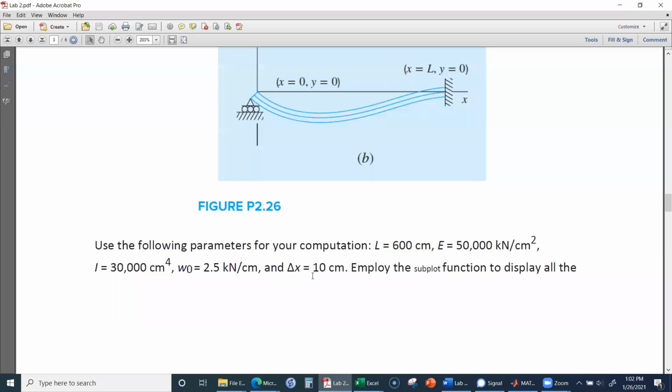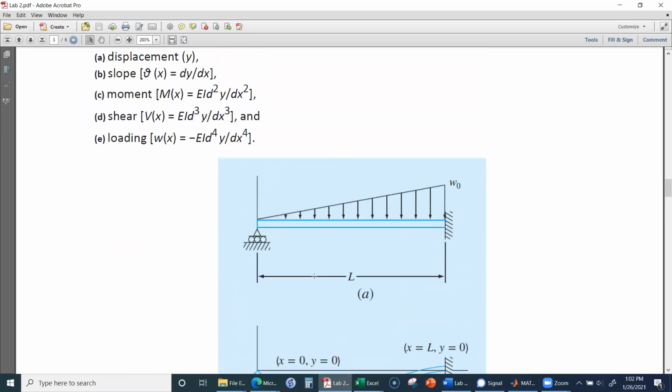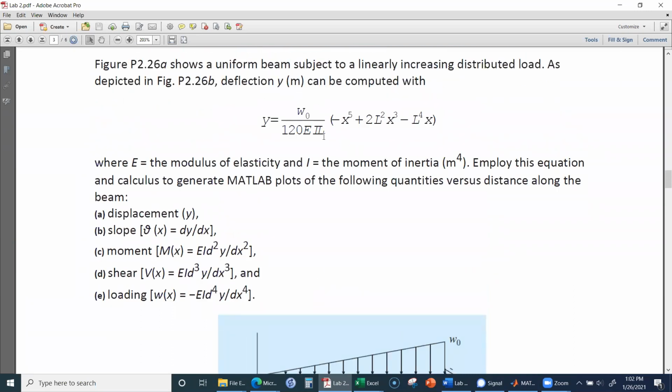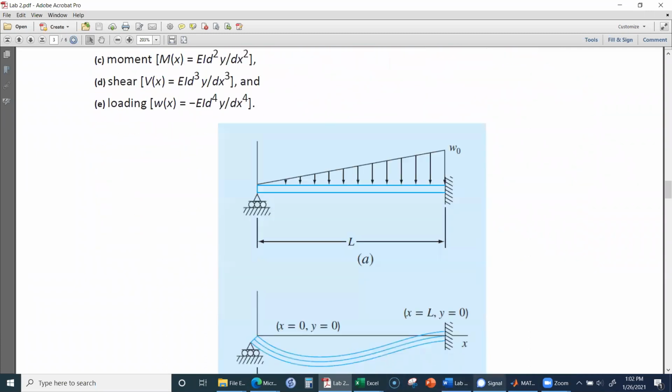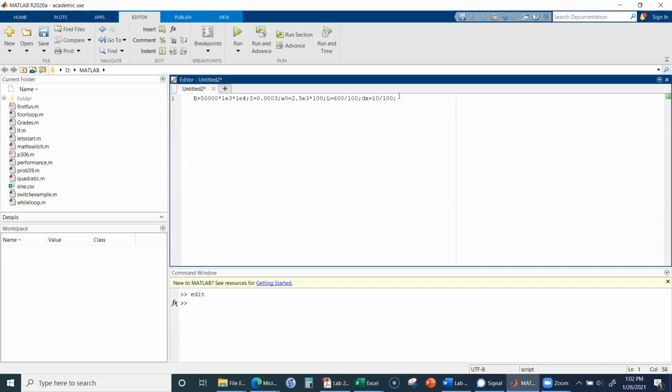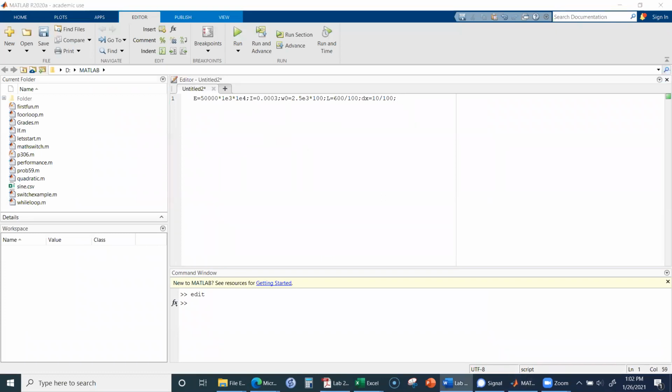Delta x is equal to 10 centimeter. So delta x has to be used where? So yeah, somewhere in here, delta x has to be used. So anyway, I think if I enter it line by line, it will take much longer time. Maybe I can just show you the result, okay?